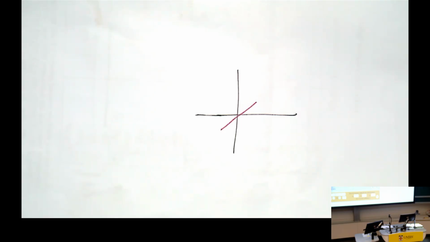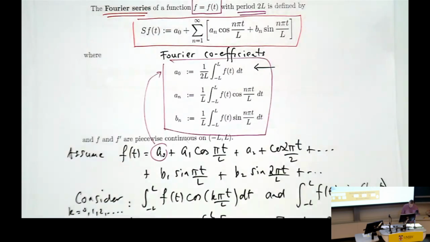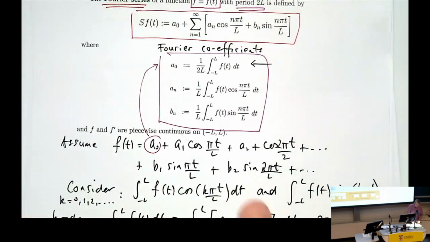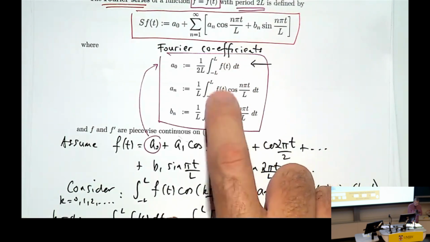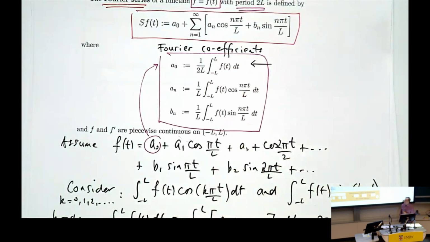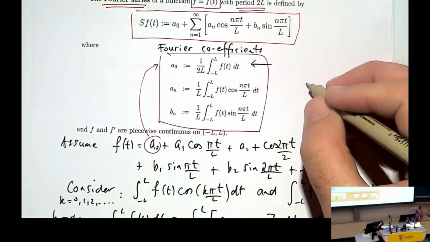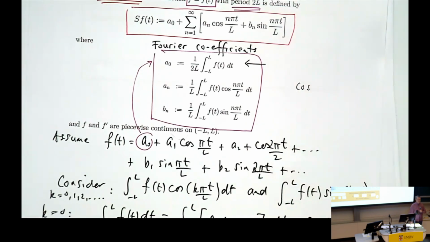All right, so what happens with these integrals when f is even or odd? Do they simplify? If so, how? First of all, let's go back to basics. Cosine: is it an odd or an even function? Even.